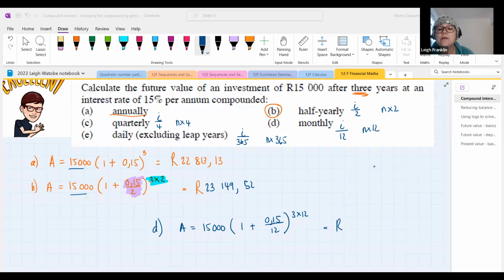So 23,459 Rand and 16 cents. Excellent. Well done, everybody. So you can see the power of compounding more frequently. You can see how this amount of money is growing faster in the same amount of time.